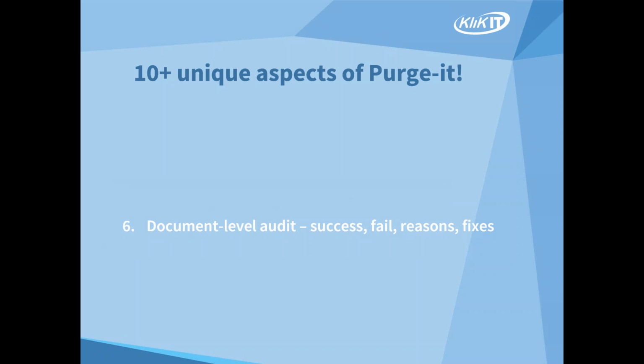I've mentioned auditing. When we actually run the purge and archive routines, we validate the documents before we archive them. So we check for statuses, open amounts, posted codes, relationships to other documents, and so on. There are over 200 validations that we perform within the Purge-it product.